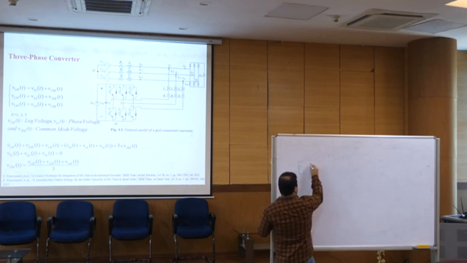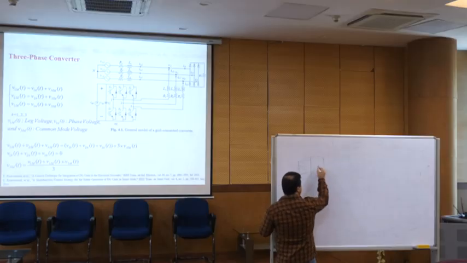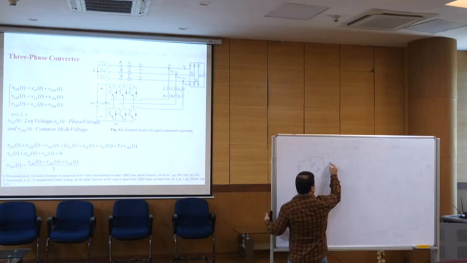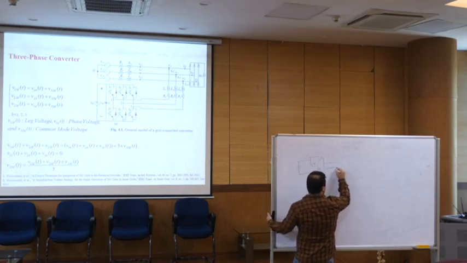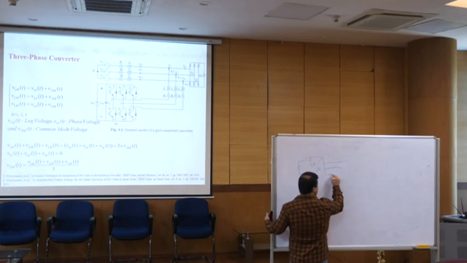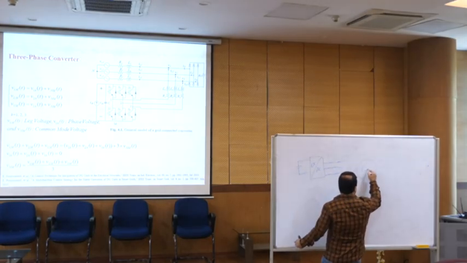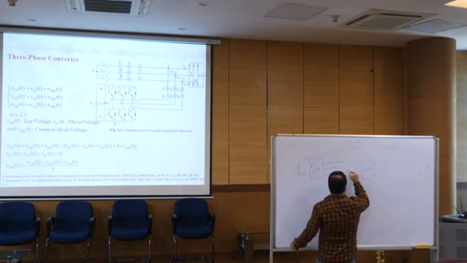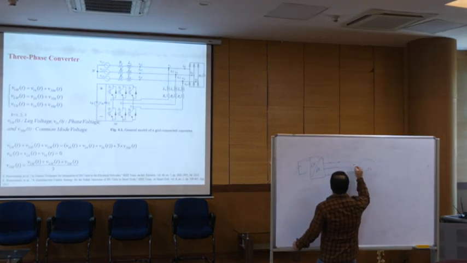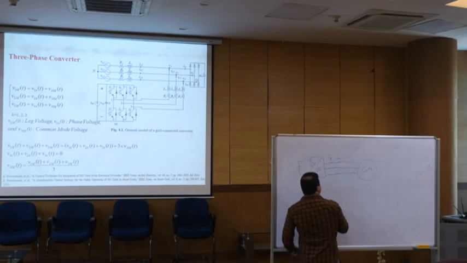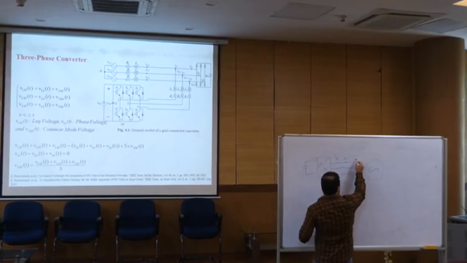The source can be anything: wind, solar, battery, anything, DC or AC. And it can be the grid. So RL, and this is I.